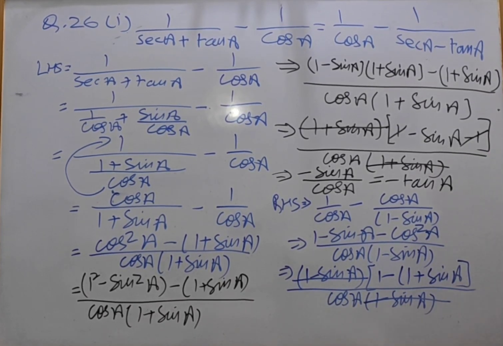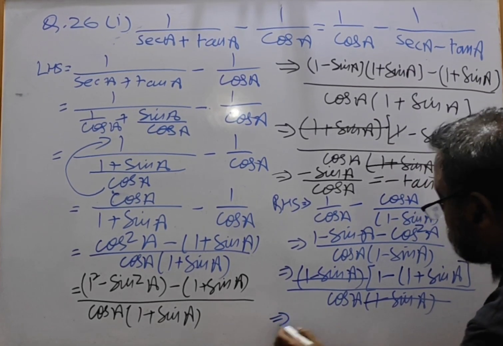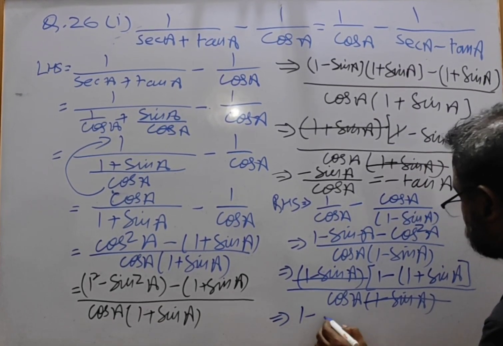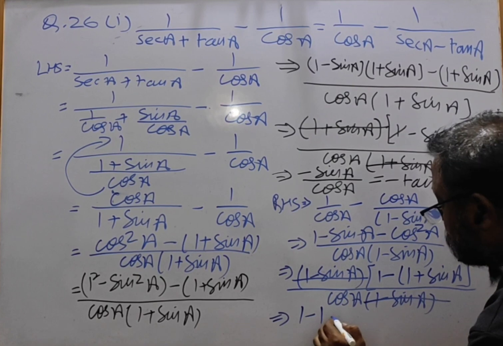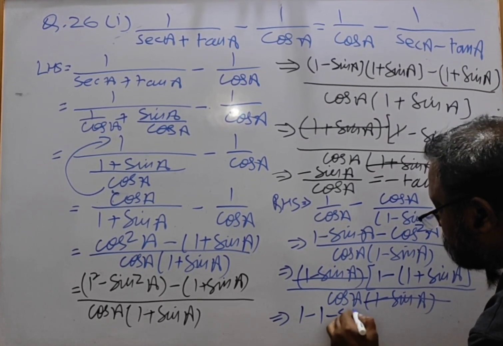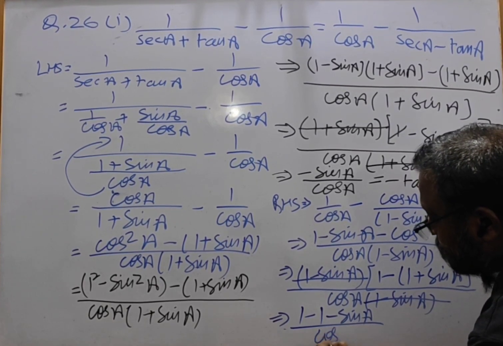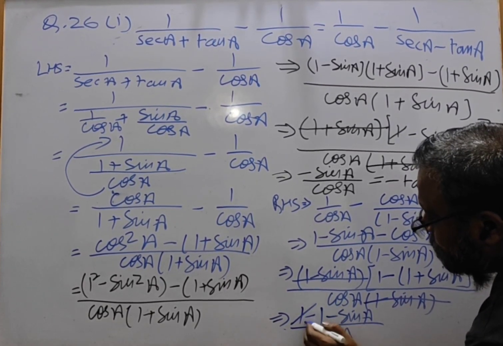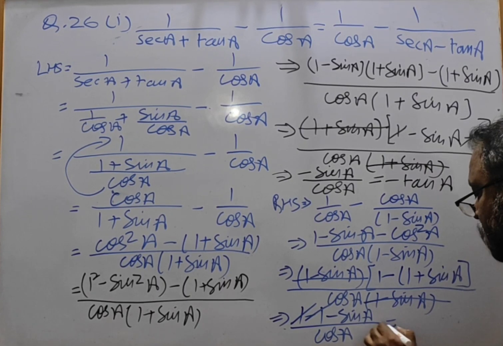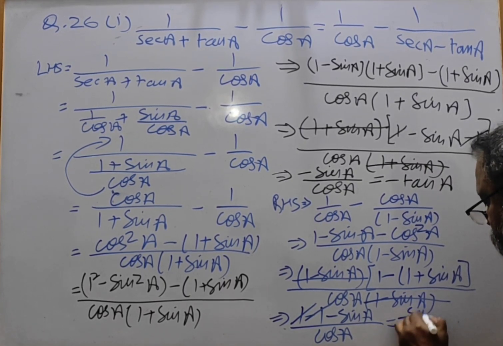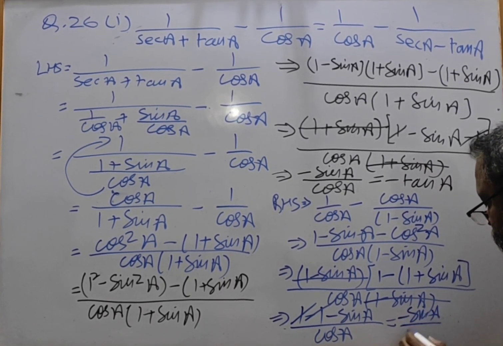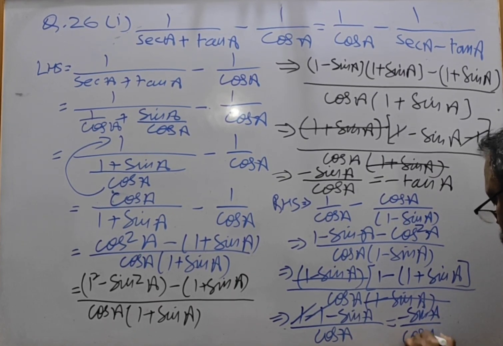When you open the bracket, again you get 1 minus 1 minus sin A upon cos A, and again this cancels out and you get minus sin A upon cos A, which can be written as minus tan A.